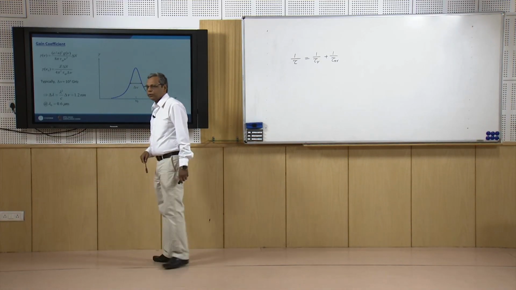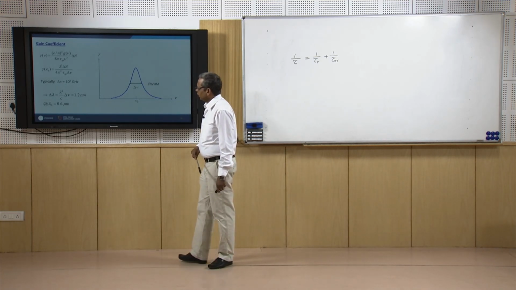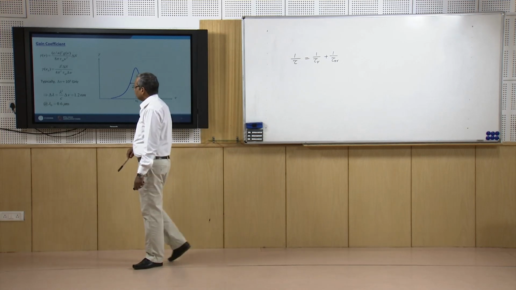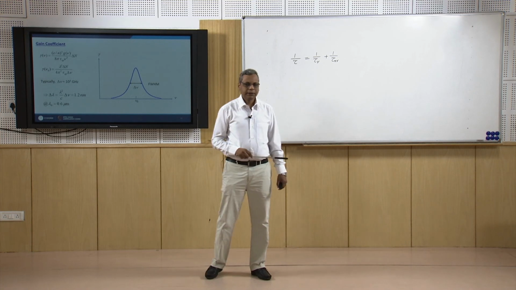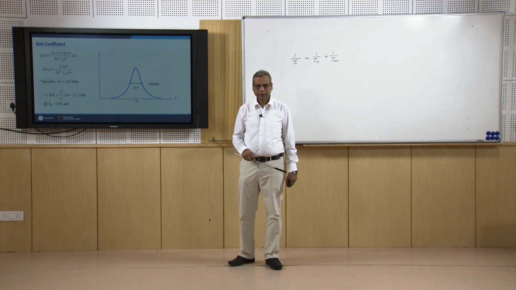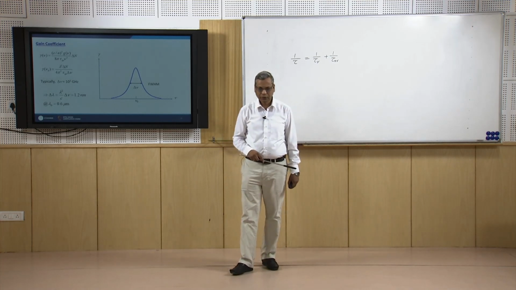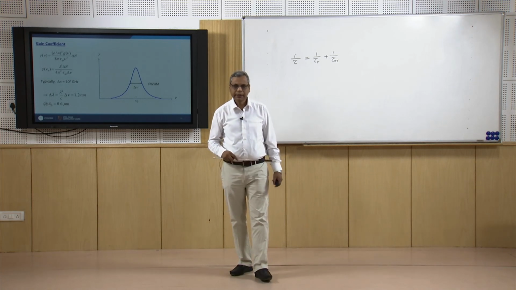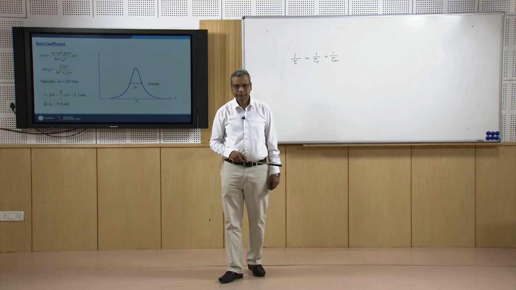If you convert it into wavelength, it is about 1.2 nanometer at 0.6 micrometer wavelength. In the next lecture, I will look into the condition for lasing, the threshold value of gain, and then the various characteristics of a laser diode. Thank you.